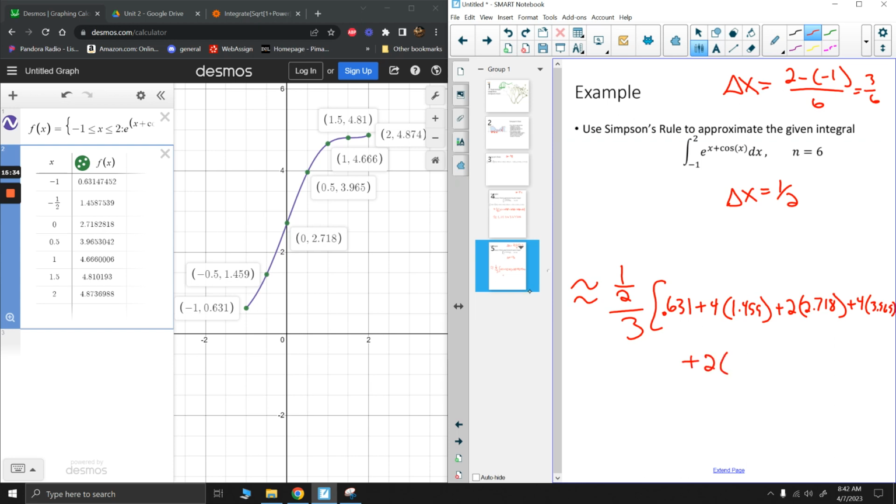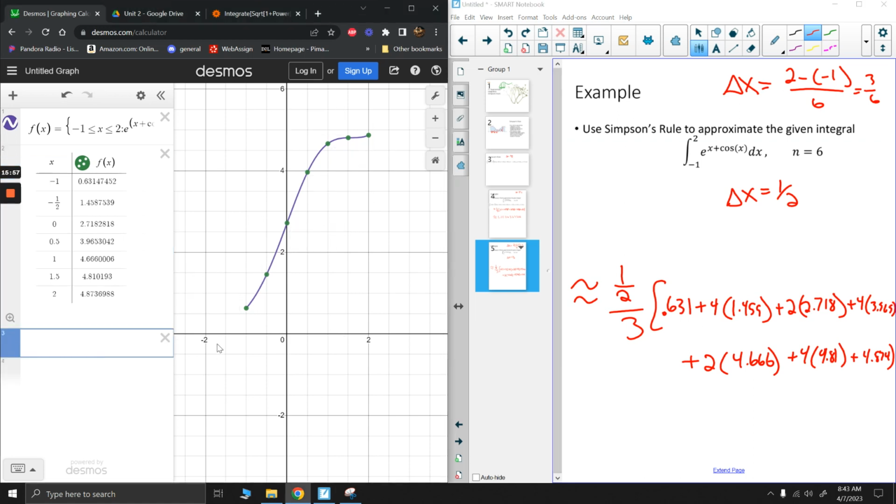Plus 2 times 4.666 plus 4 times 4.81 plus just the normal 4.874. Okay, so 1/2 divided by 3 is going to be 1/6.